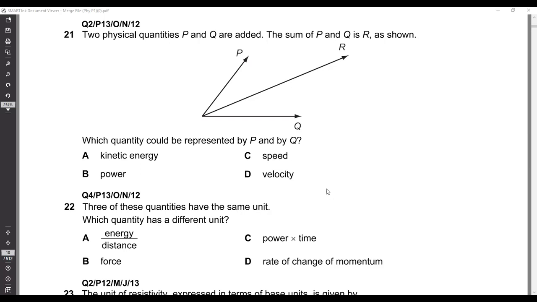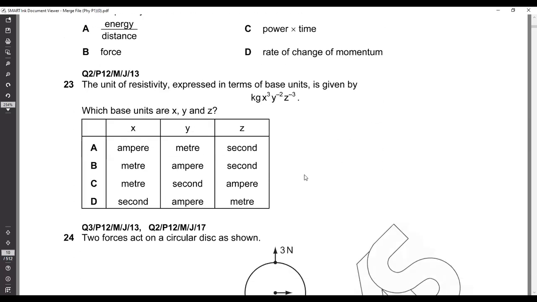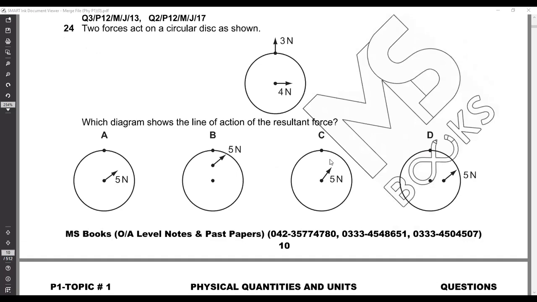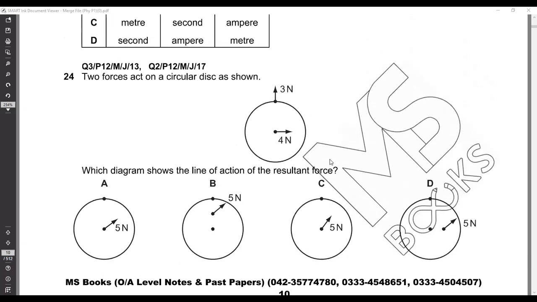No. The tricky part was vector. You are adding these quantities as vector addition. So which of the options is a vector quantity? Only one option, velocity. So that's the right answer. Try this one. Question 24.